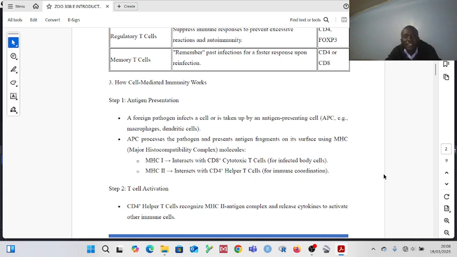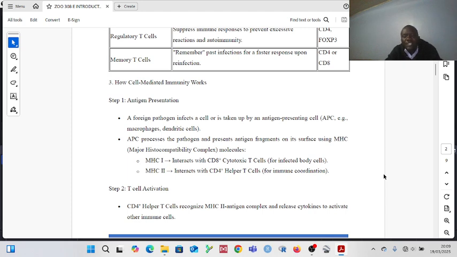Then they present fragments of this pathogen, which we are now calling the antigen, on the surface of that cell. What they use to present these fragments is what we call the major histocompatibility complex, or in this case the MHC complex. We'll look at the MHC complex next.